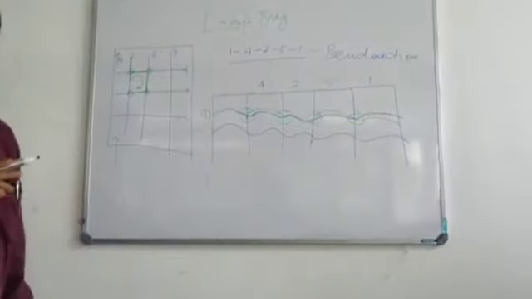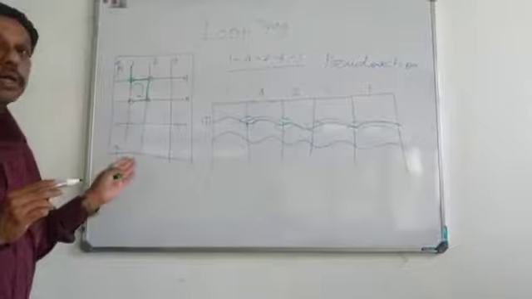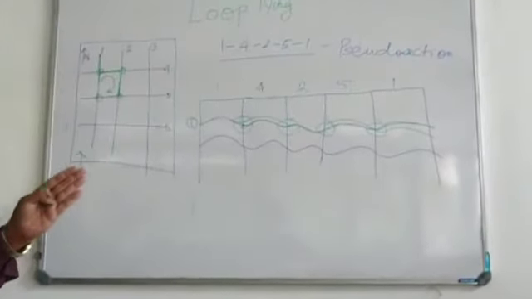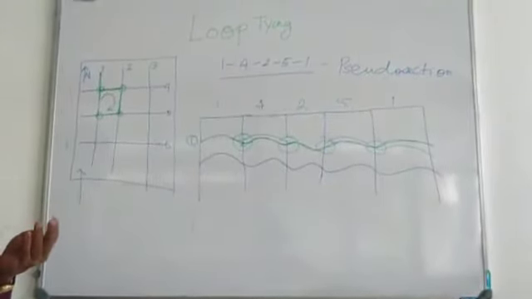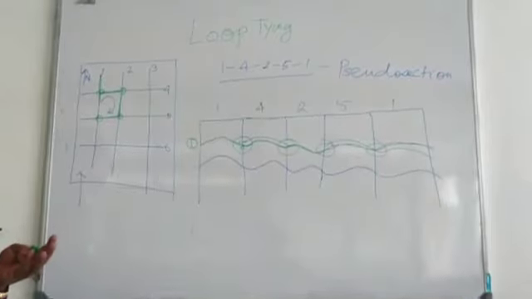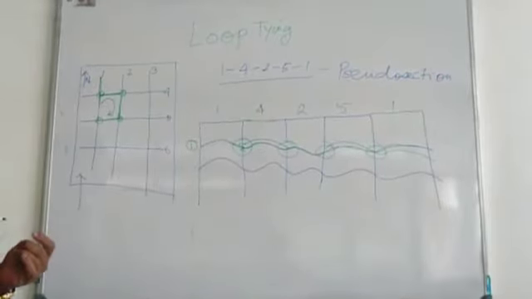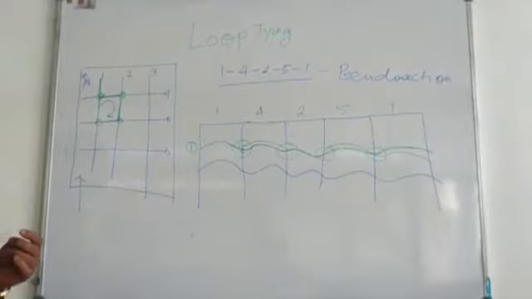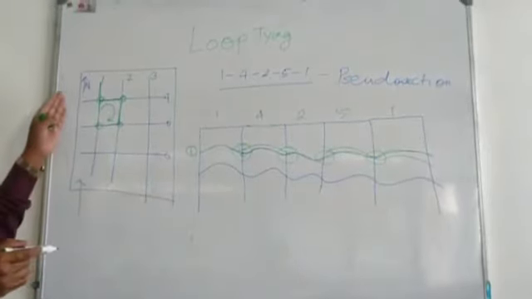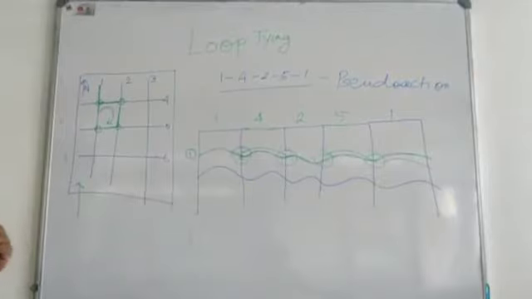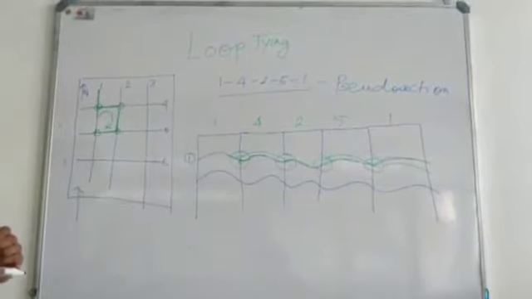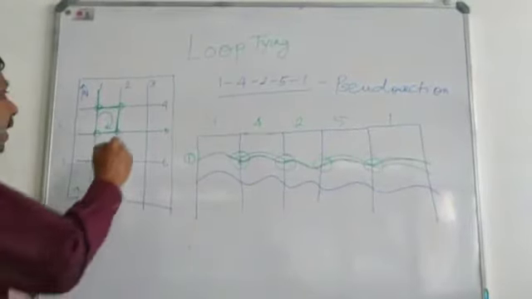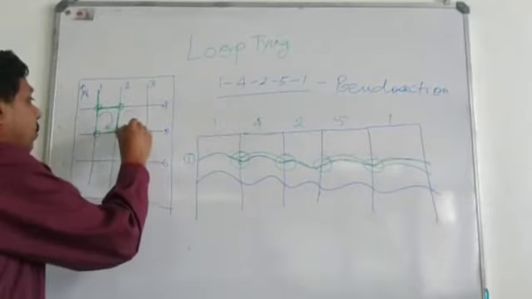If the loop is not correct, I have to go back to my original interpretation and see whether I missed a fault, whether I did a cycle skipping, or whether I have moved from peak to trough or peak to zero crossing. All those checks have to start from the first line where I started my interpretation. If I have done a good job, I then check the next loop.